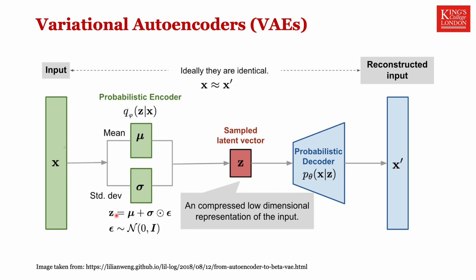So the sample latent vector is nothing more than the mean of the distribution plus the variance of the distribution multiplied by a sample, which is this epsilon sample here, drawn from a Gaussian distribution. So we're basically saying we want a Gaussian sample from a distribution that has this mean and this variance, and that's going to give me my sample latent vector.